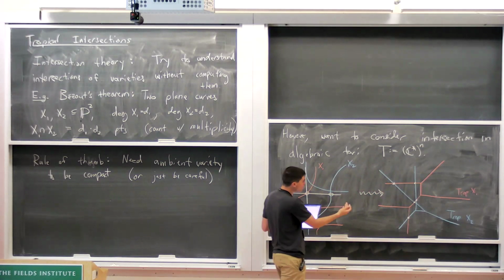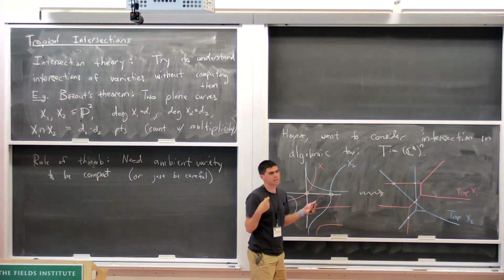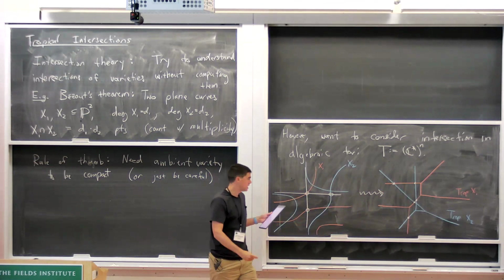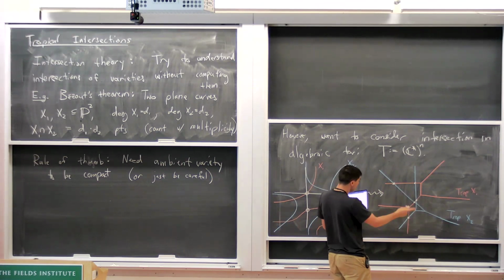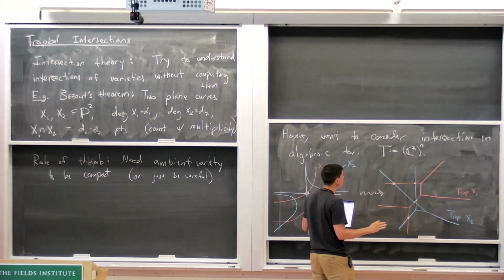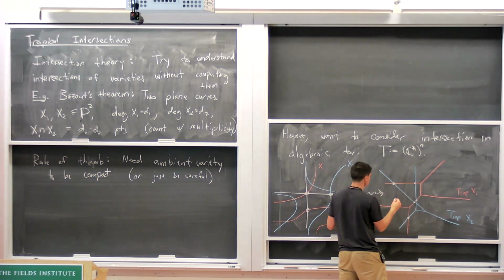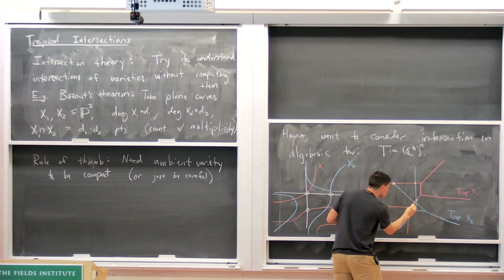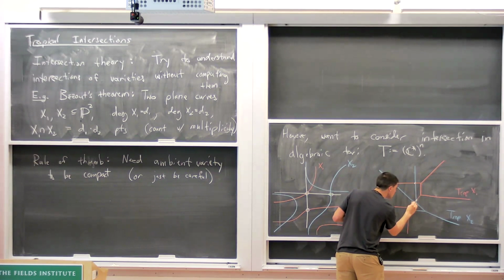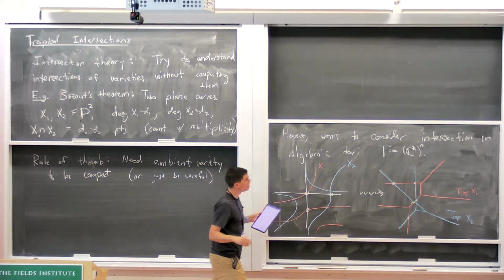And for each intersection point you add up something called its tropical intersection multiplicity, which is easy to describe, but in the interest of time, I won't say how you get it. It's some determinant. In this case, all of these have multiplicity 1, except this one here has multiplicity 2.